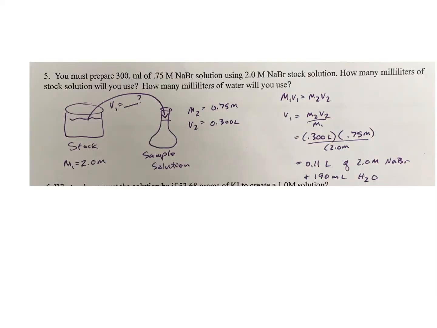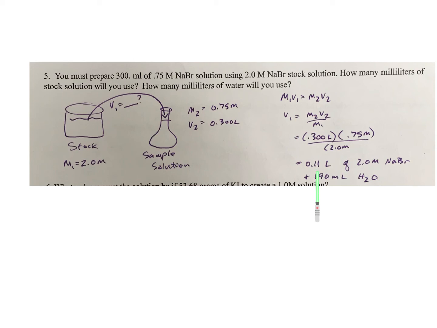Question 5 is very similar again. It uses dilution, so you are changing something from a stock solution that is 2 molar to a less concentrated sample solution that's 0.75 molar. Again, the amount you move is V1. Since you're diluting it, you use the dilution equation, rearrange, and solve for the amount of chemical.